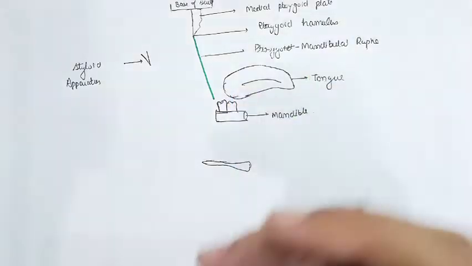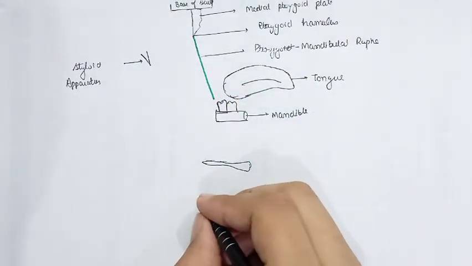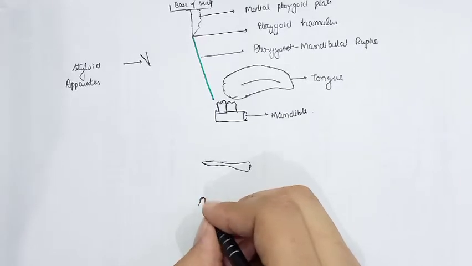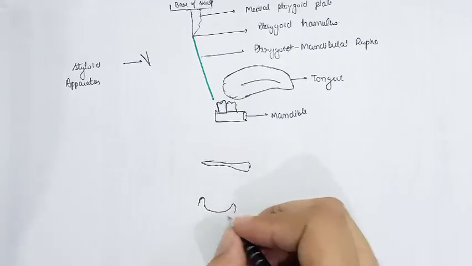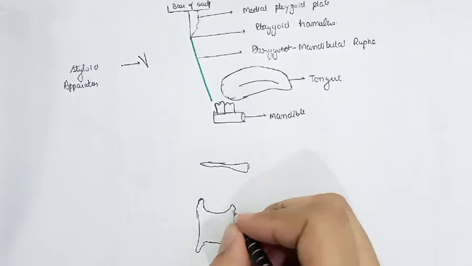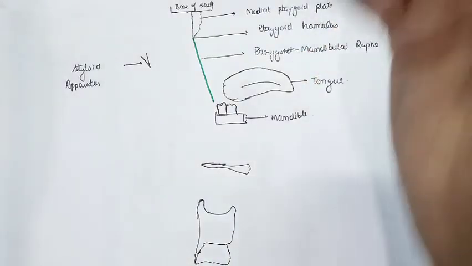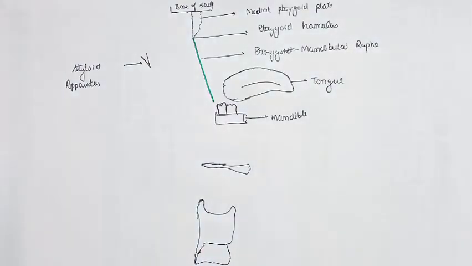And just below the hyoid bone, the last one, that is the larynx, which is denoted by the life mnemonic. So here we have the thyroid cartilage and the cricoid cartilage. So like that we have come to the end of the framework that we will be discussing in the next video.